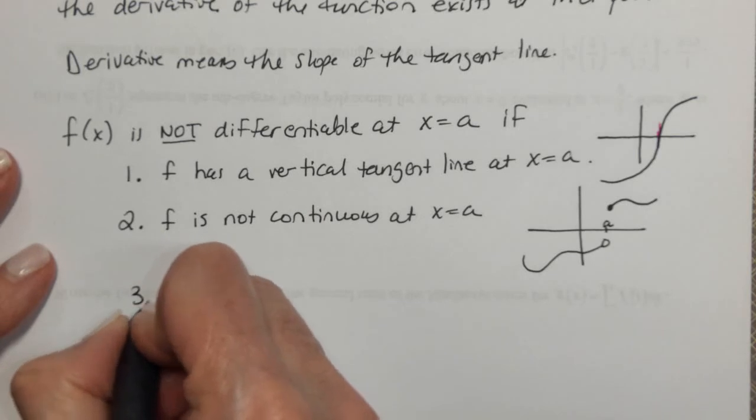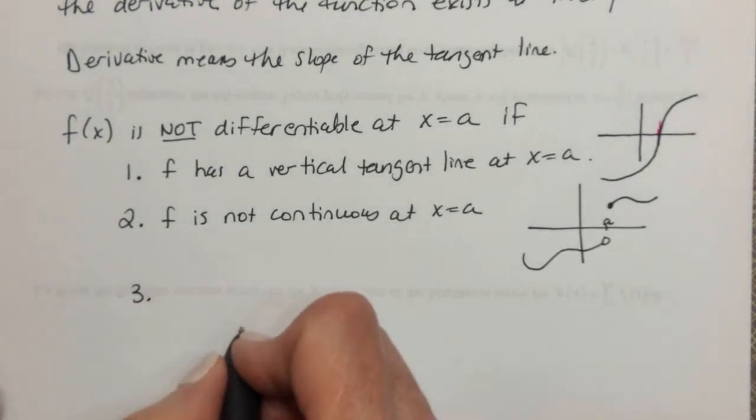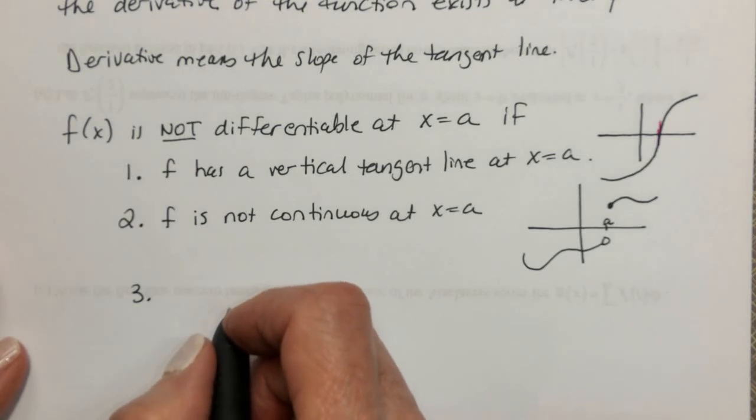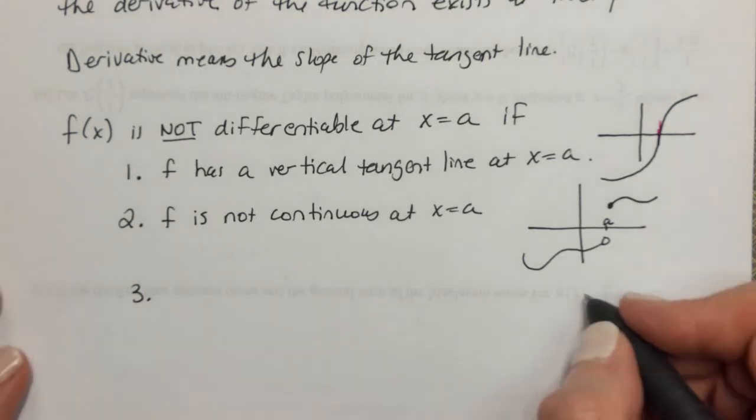There's a third reason that would make f not differentiable. And that is if the slope from the left is not equal to the slope from the right. A couple of ways we could think of.